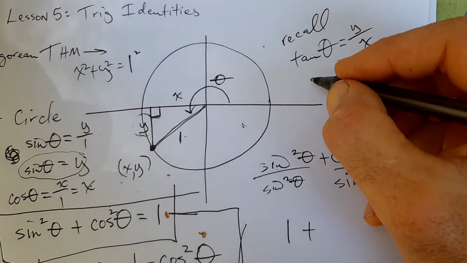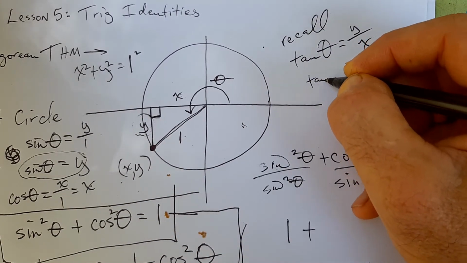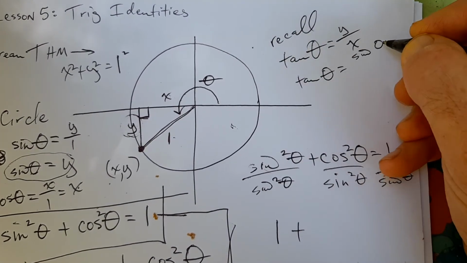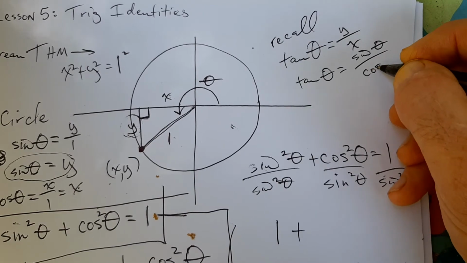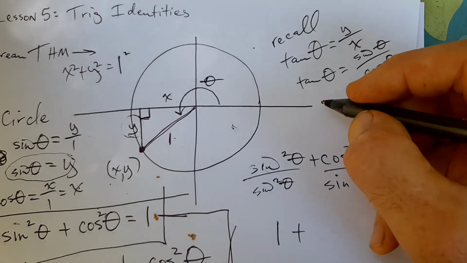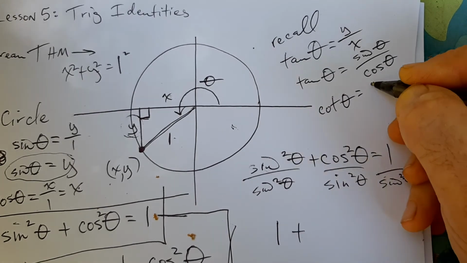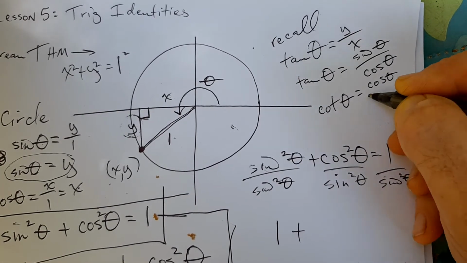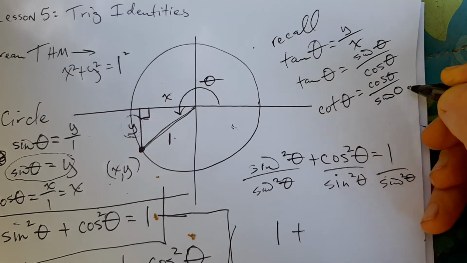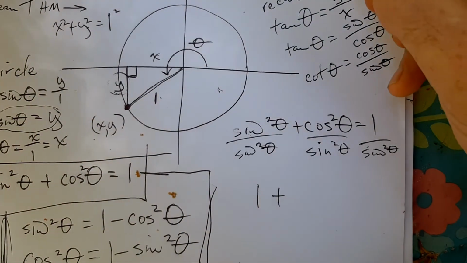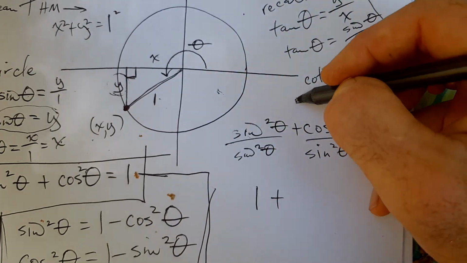You've already got it memorized, I'm sure, that tangent of theta equals sine theta over cosine theta. And then if you take the inverse, of course, you got cotangent of theta equals cosine theta over sine theta. Okay, so you got to remember these guys.